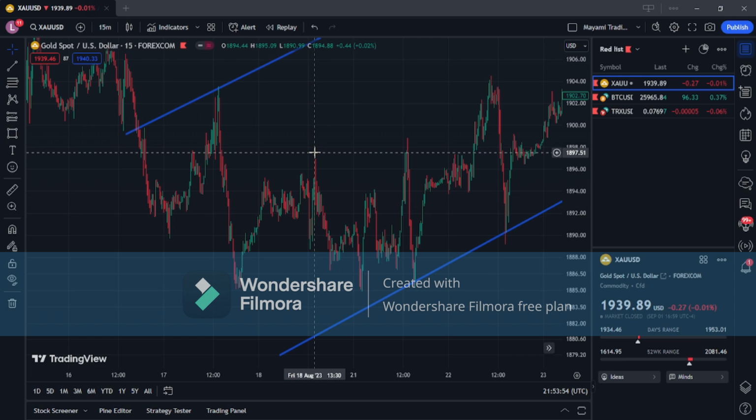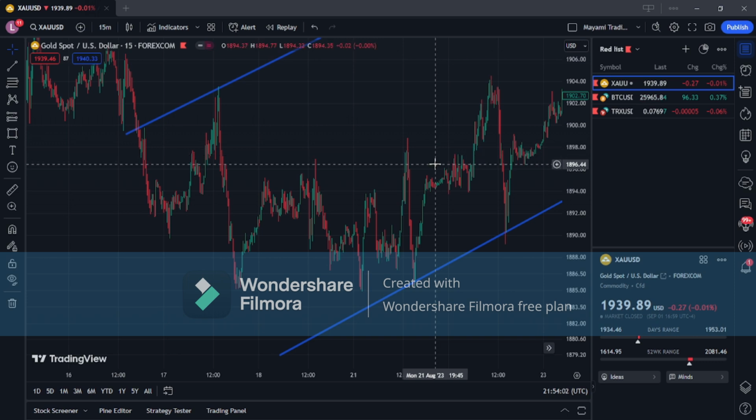Okay, so we could take this as a resistance level. Not quite crazy, because there's been a lot of big breakouts. So this is the zone where the resistance level is.